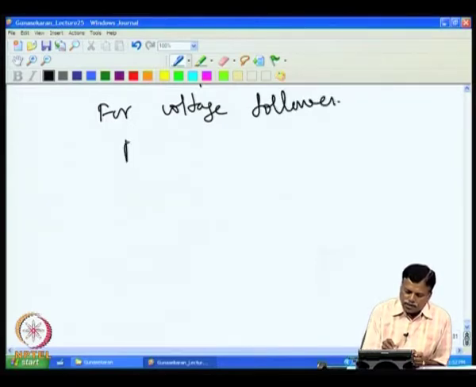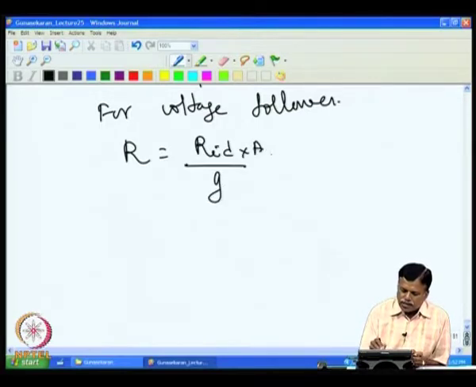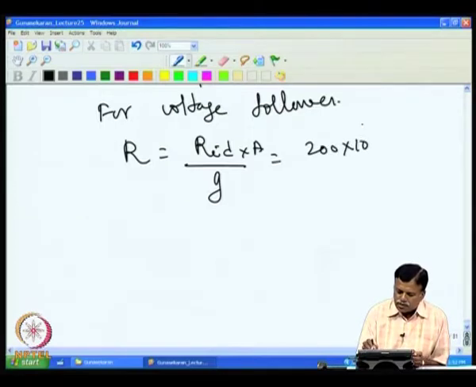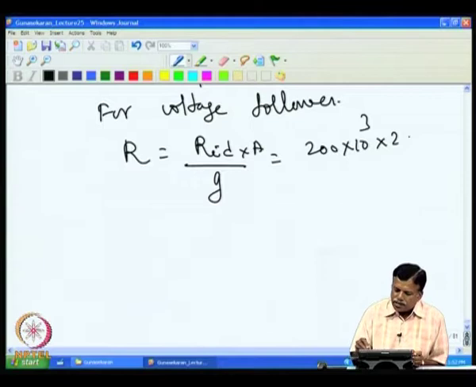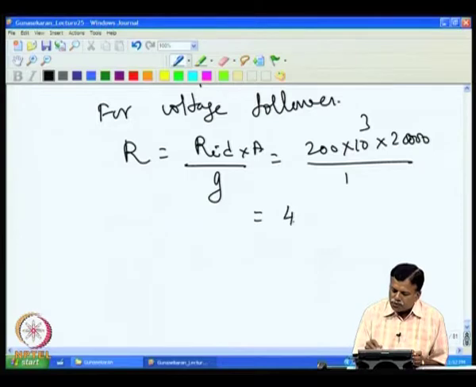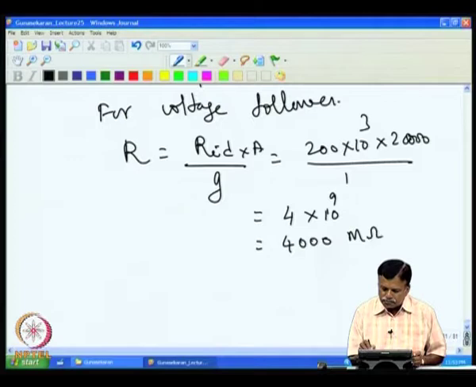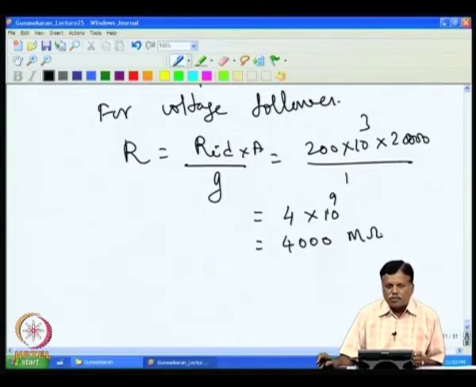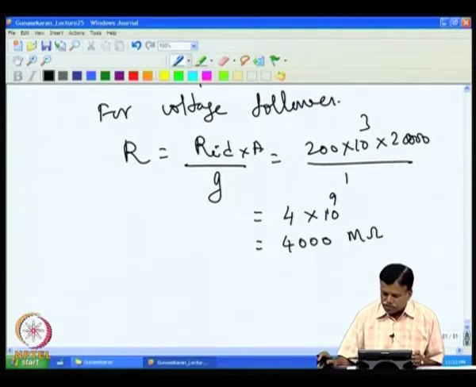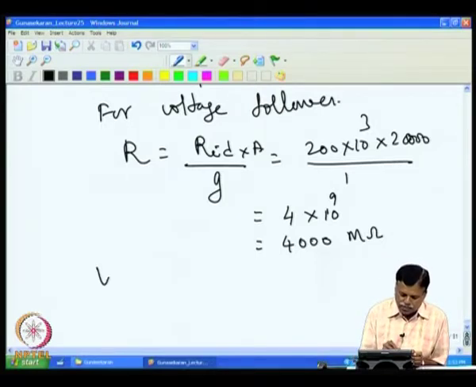Then R comes out to be 200K, the RID, into 20,000 divided by 1, that comes to 4 into 10 power 9, or that is equal to 4000 megohms. So, that means the voltage follower is the one which gives the highest input resistance.